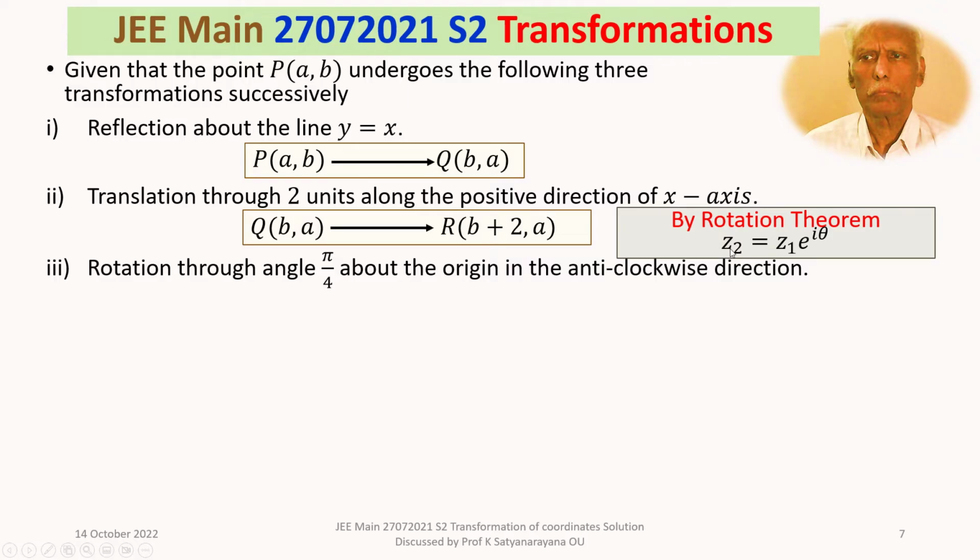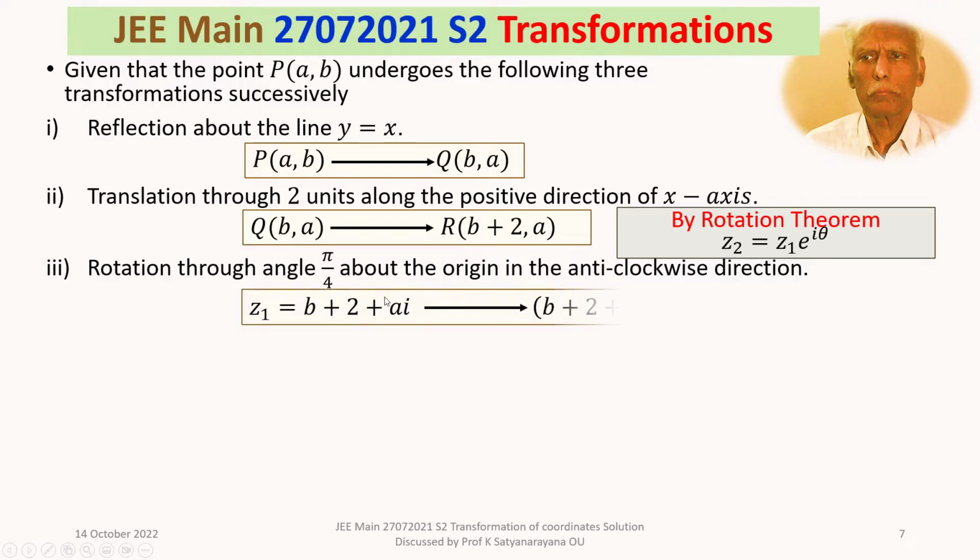The transformed one, Z2, is equal to the given one, Z1, into e to the power of i theta, where theta is equal to pi by 4, and Z1, this point (b + 2, a), is to be looked upon as a complex number, b + 2 + ai. You know the ordered pair (x, y) is recognized as x + iy.